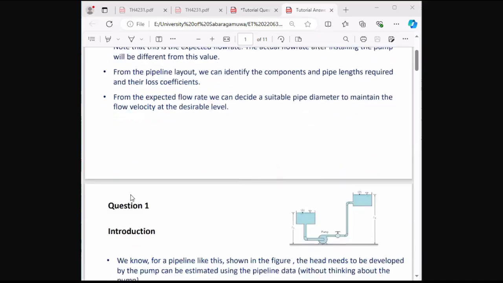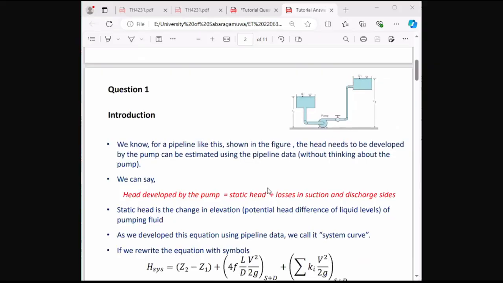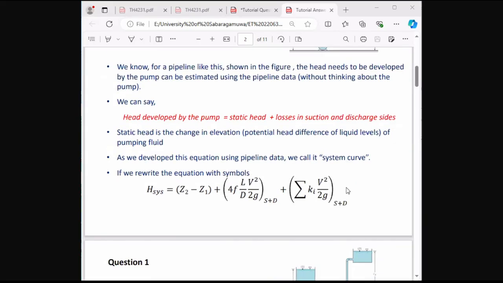Then you need to draw a small sketch like this. After that, you can write the system head equation like this.